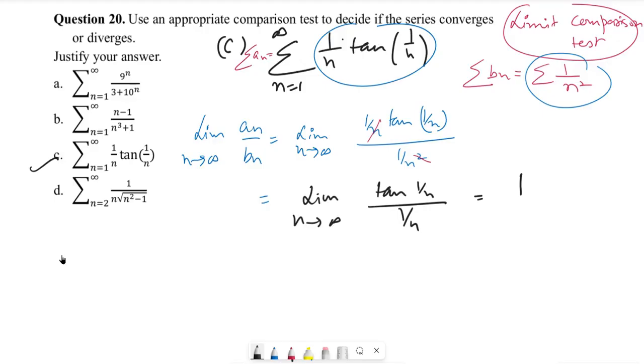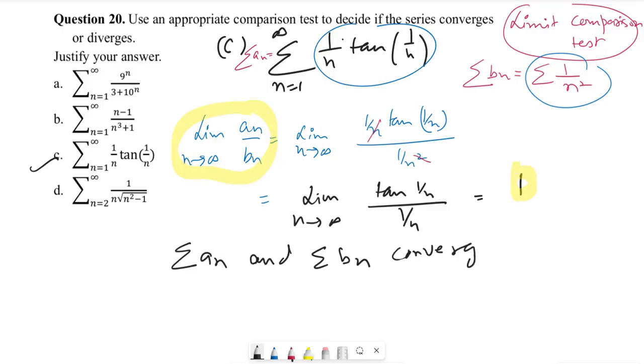If this limit comes to be 1, then we claim that sigma an and sigma bn either converge or diverge together. Together means they both act similarly, right? But we know, what about bn?